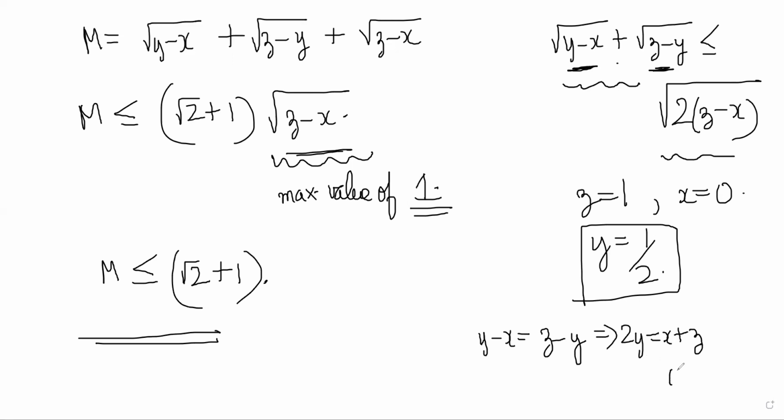And if this is 0, this is 1, then y is half, right? At 0, 1 and half, you get the value of root 2 plus 1, right? So basically we have to use Cauchy-Schwarz here. The maximum value is coming out to be root 2 plus 1, and that's the solution for this one.